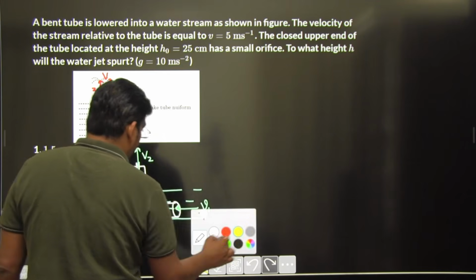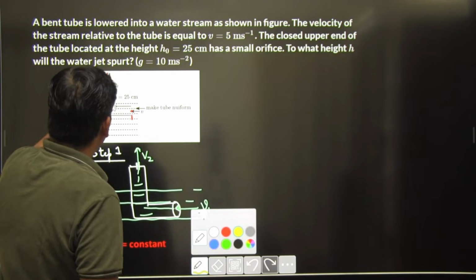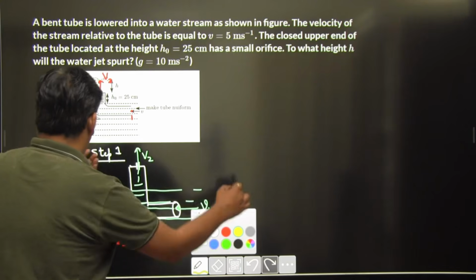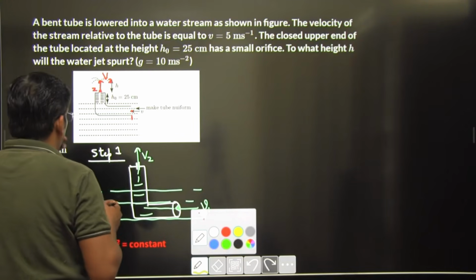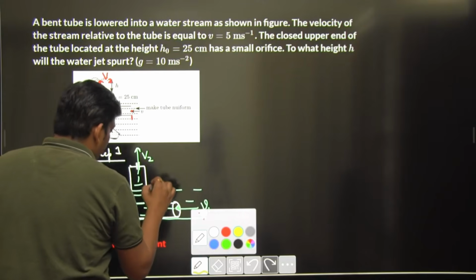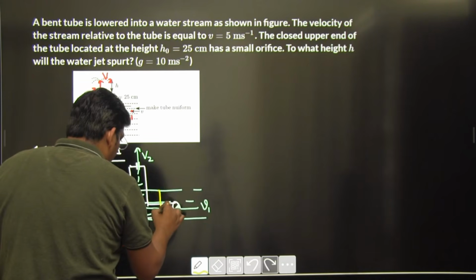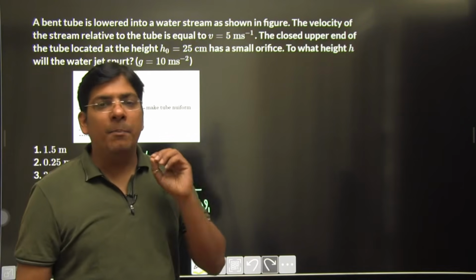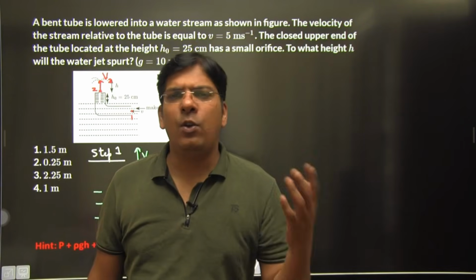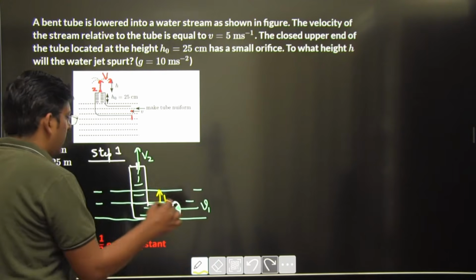Now we are not given the height of the horizontal tube below the free surface of the liquid, and I'm not going to ignore it anyway. Let us assume that height to be h, the height of the horizontal tube below the water surface. You can call it height or depth.